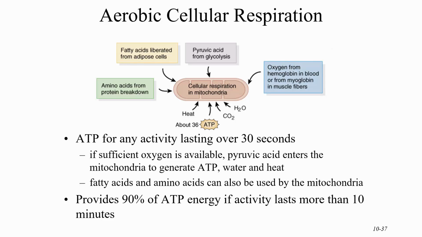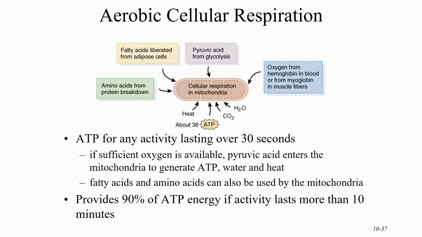It's almost like spinning a turbine, and we create what's called a proton motive force. That proton motive force is the energy used to take ADP and phosphorylate it, stick a phosphate onto it, and turn it into ATP.